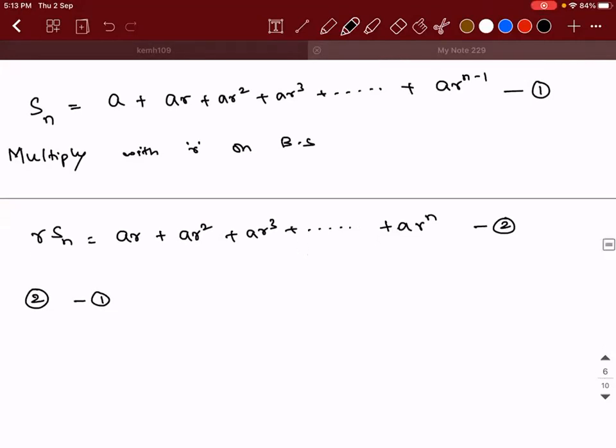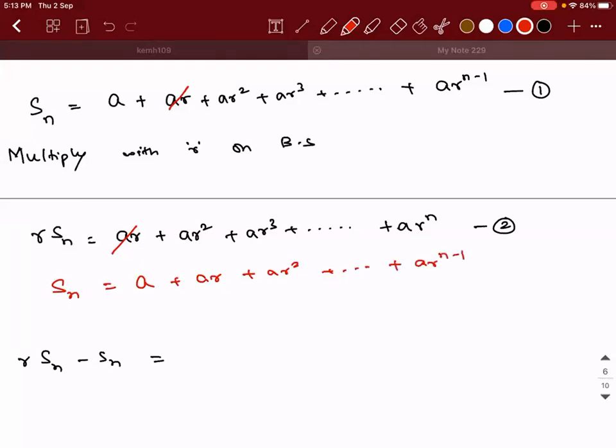What we will do is subtract the first from the second. Then what will I have? R times Sn minus Sn will be equal to, what will get cancelled, guys? Observe. AR will cancel with this AR. Okay, I'll write an extra step so that you guys are not confused. Sn is A plus AR plus AR square plus so on till AR power n minus 1.